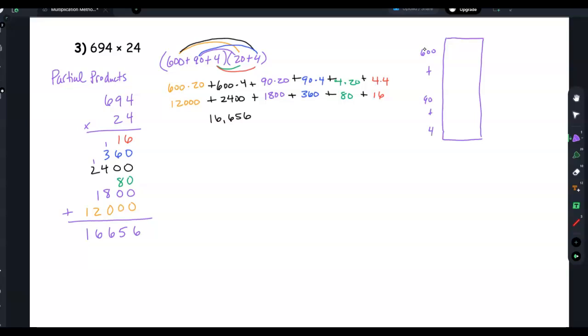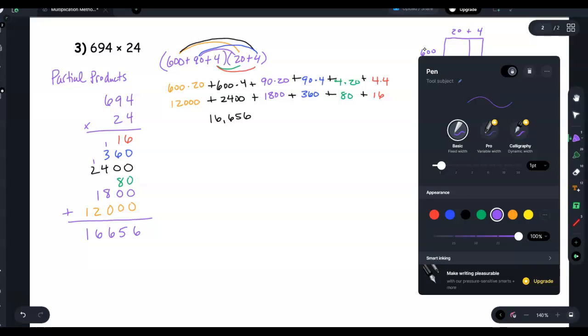And that's going to subdivide this rectangle going this way. Doesn't have to be perfectly to scale. And then the 24 is going to be the other side, so I'm going to split that up into the 20 plus 4. And then I'm going to do each section of this.